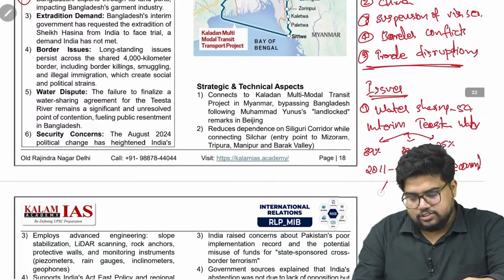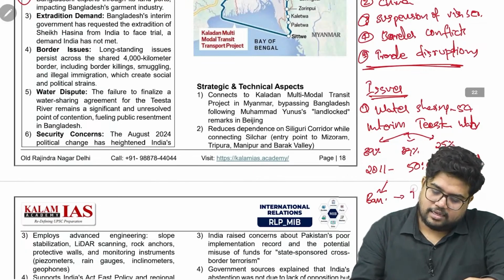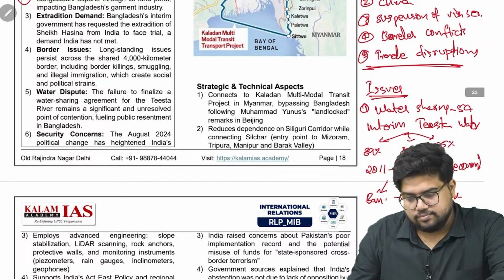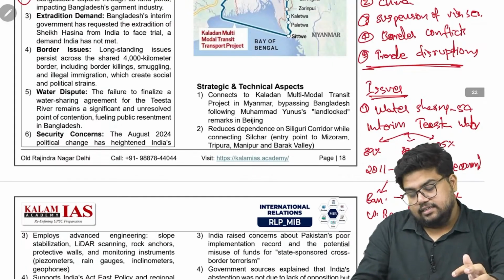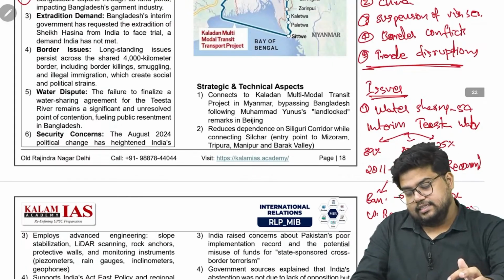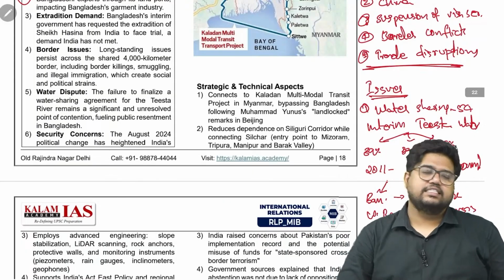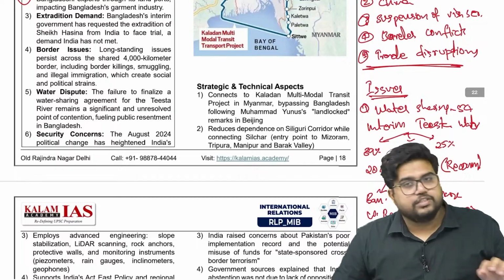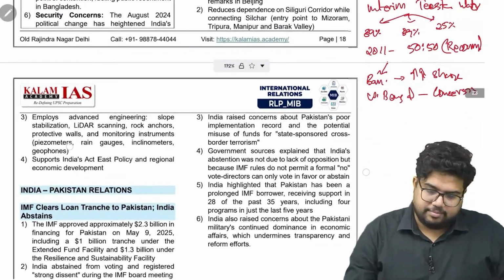Now Bangladesh is opposing this, citing that it requires a higher share. West Bengal also has concerns regarding the numbers, saying that if a higher share is given, it will badly affect agriculture and other aspects in West Bengal. So this is the water sharing issue between India and Bangladesh.